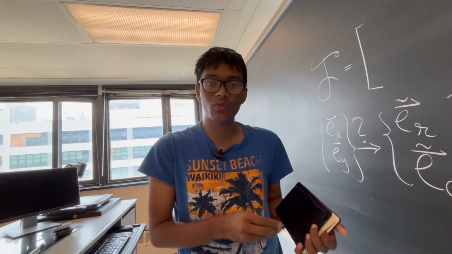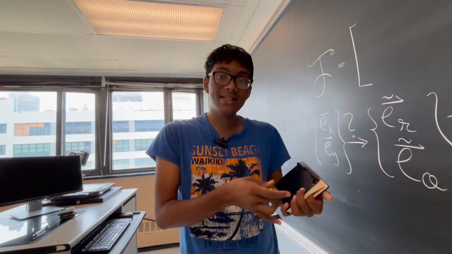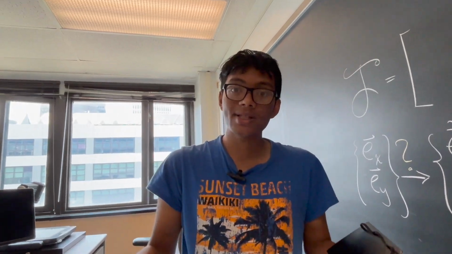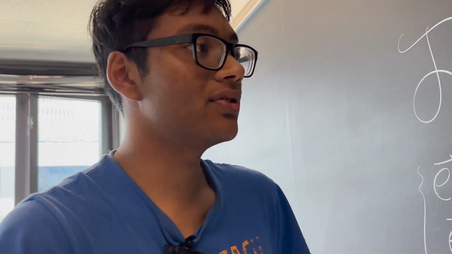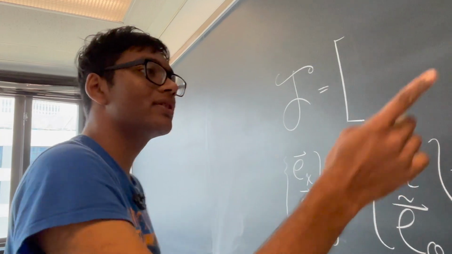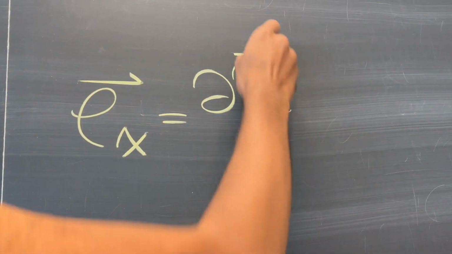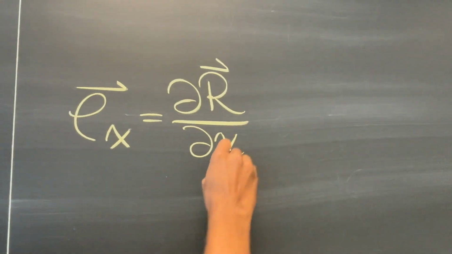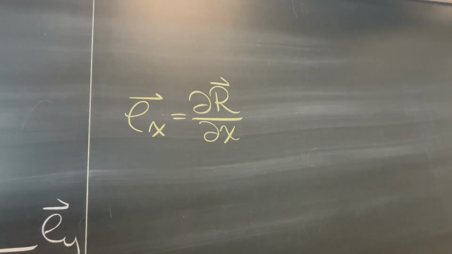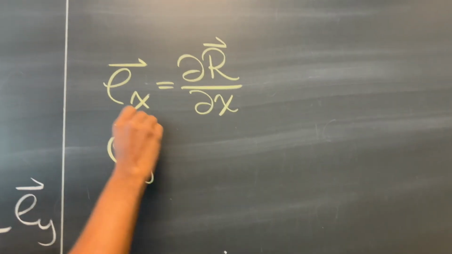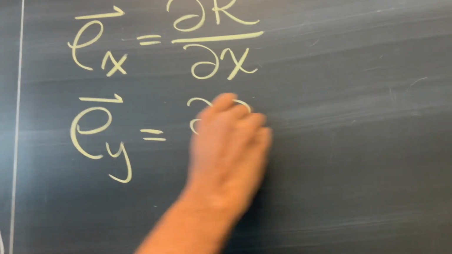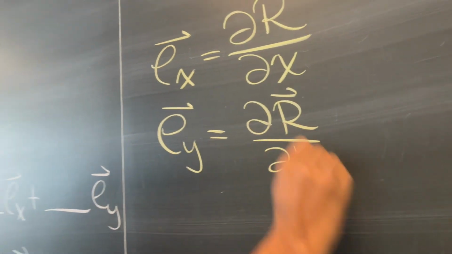In the previous lecture, we figured out that basis vectors are the same as partial derivatives in tensor calculus. In other words, E sub x is the same thing as the partial derivative of some position vector r with respect to the x direction. Similarly, E sub y is the derivative of a position vector in the y direction.